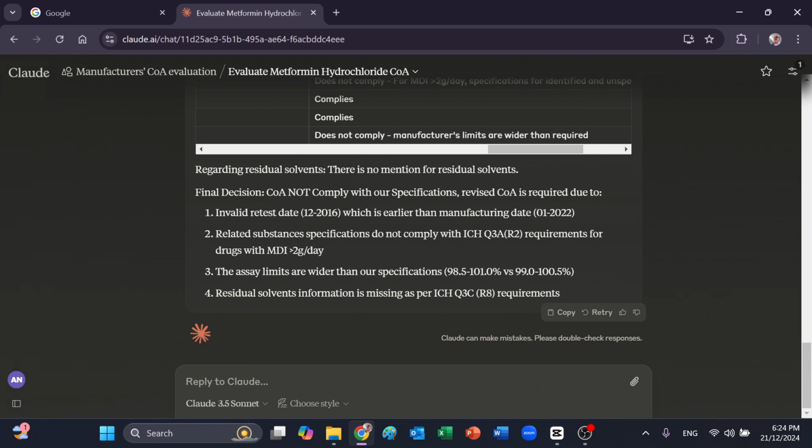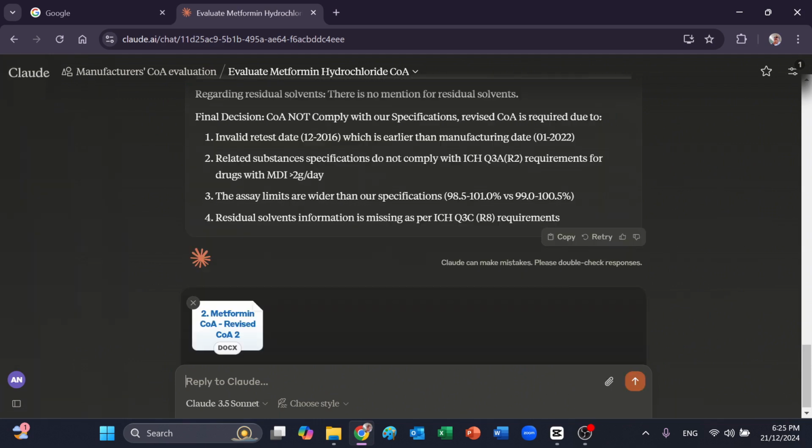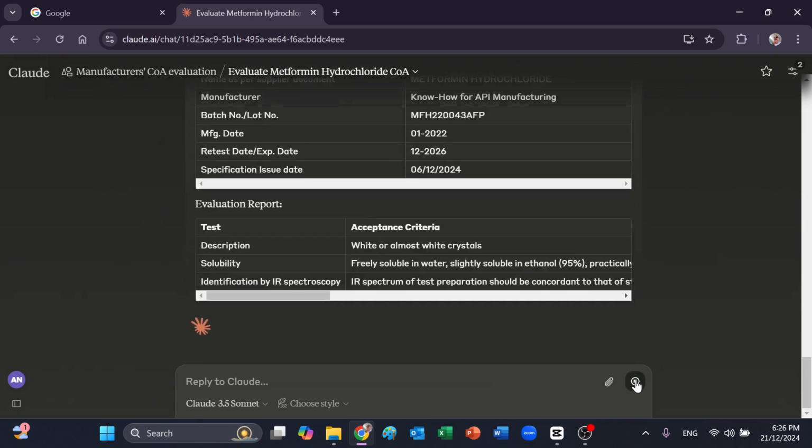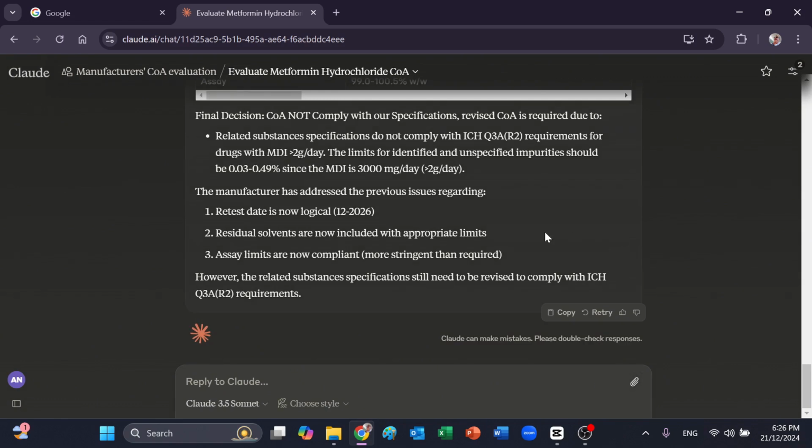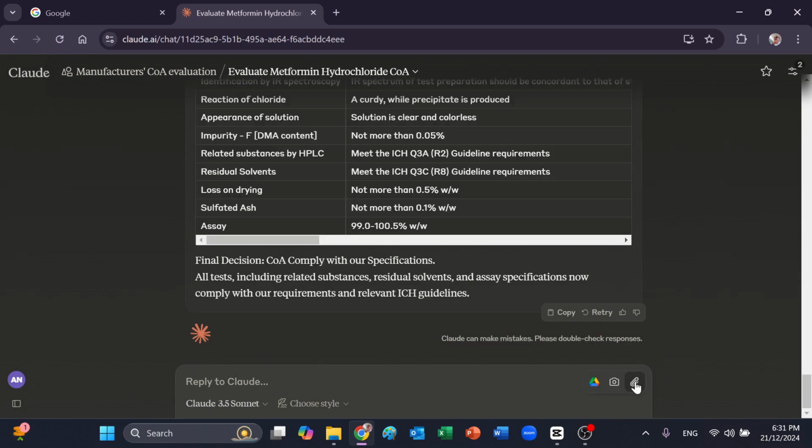Now we will put in a revised certificate of analysis. Simple prompt again: please evaluate. Now for the revised certificate of analysis, the final decision: the CoA complies with our specification.